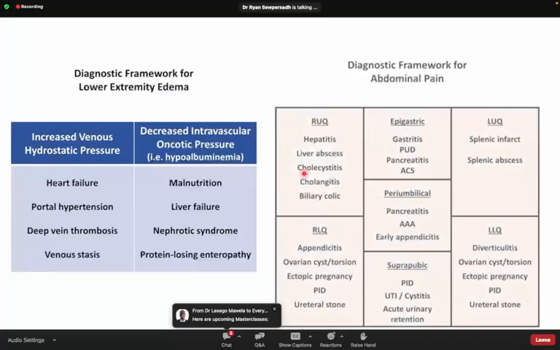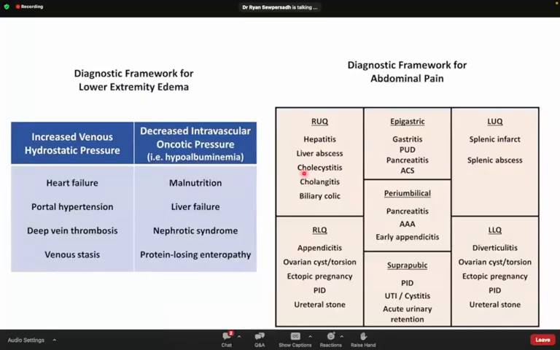Or, as we will talk today, about an anatomical stratification, which works well, particularly for abdominal pain, which we will be talking about today. Now, diagnostic frameworks help us remember diagnoses, which we should always consider in a patient, which may or may not eventually make their way into our differential diagnosis for that particular patient.